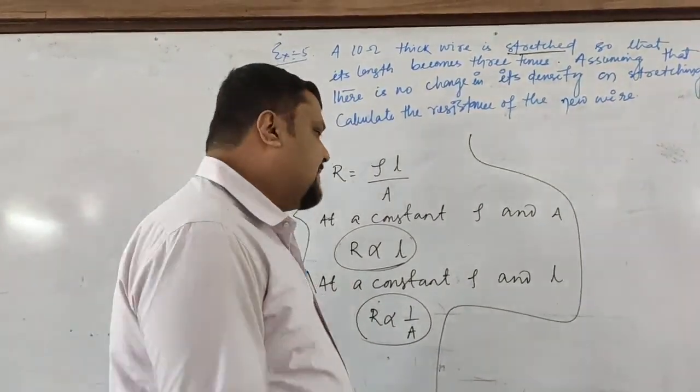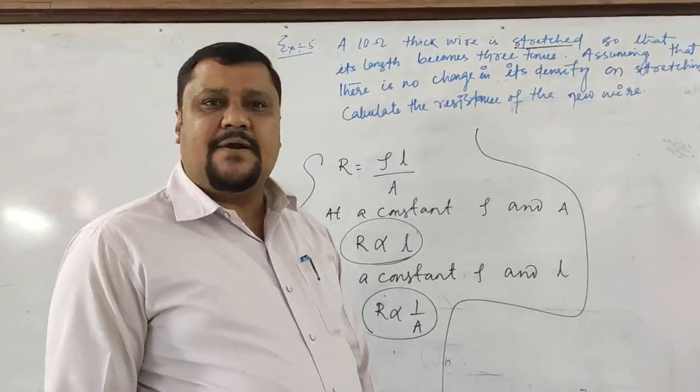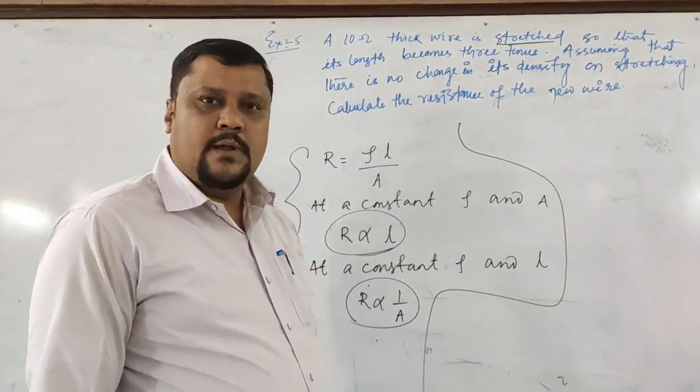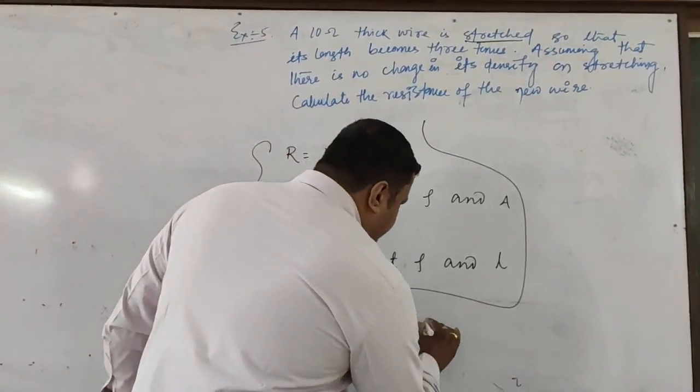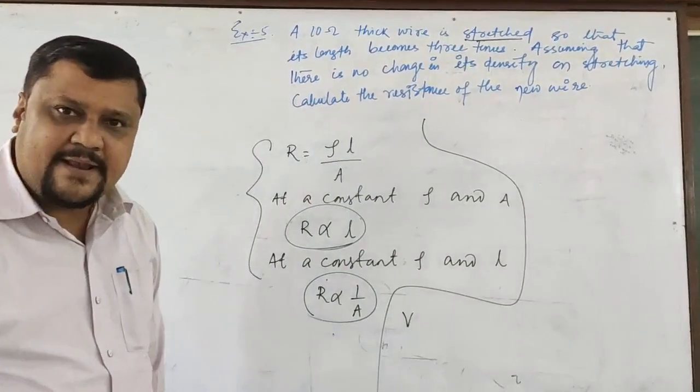Density is equal to mass by volume. Density remains constant means the volume of the wire remains constant.